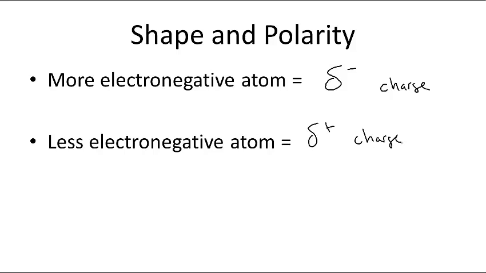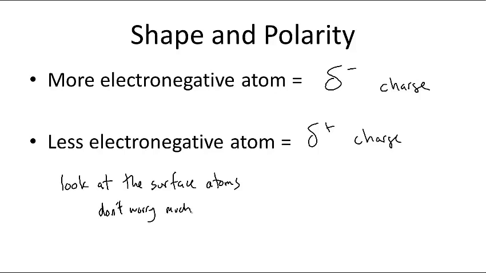So when you are looking to determine the polarity of a molecule, look at the surface atoms. Don't worry so much about C, because carbon is going to be in the middle.